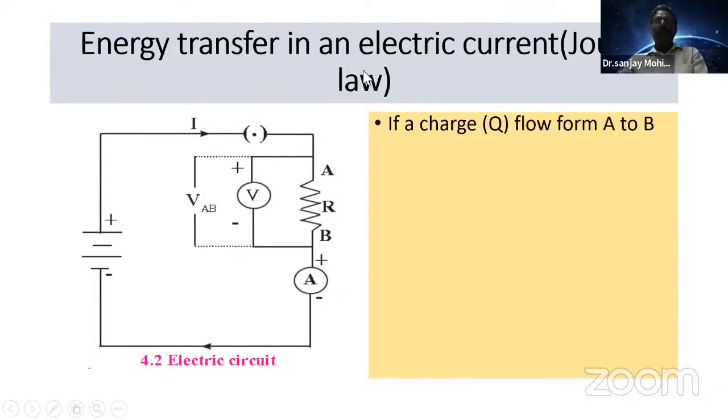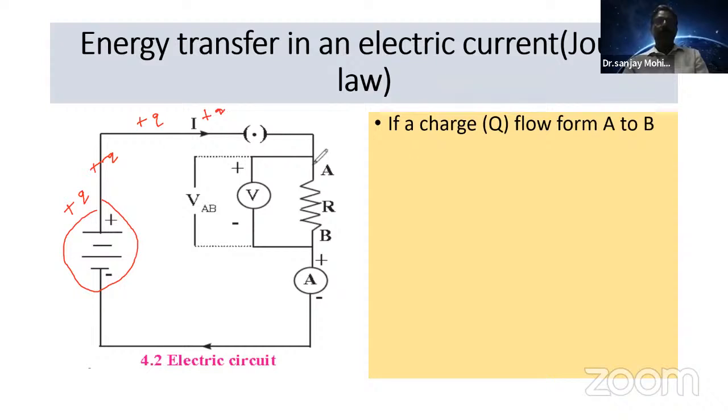So as you see in the diagram, say charge Q flows from point A to B. Why does the charge flow from point A to B? Because when we connect a battery, it contains charge. So now this charge, say Q, is flowing through the conductor.